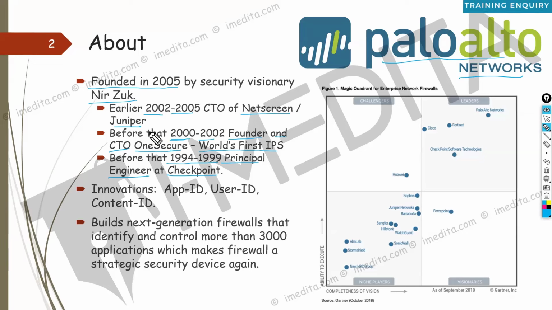This information may be useful or useless depending on where you are using it. And in Palo Alto, he invented App ID. What is App ID? I already told you that with the help of App ID, we can identify the application or session, monitor them, and control them. He also invented User ID.